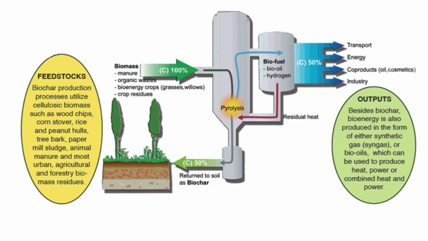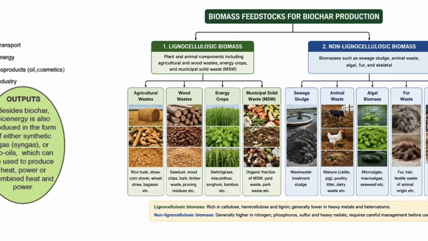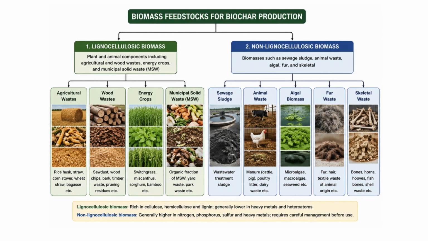These products can be used for transportation, energy generation, industrial applications, and co-product manufacturing. Another portion of the carbon is returned to the soil as biochar. The diagram also highlights that bioenergy products such as syngas and bio-oils are generated alongside biochar, making the process both environmentally and economically beneficial.